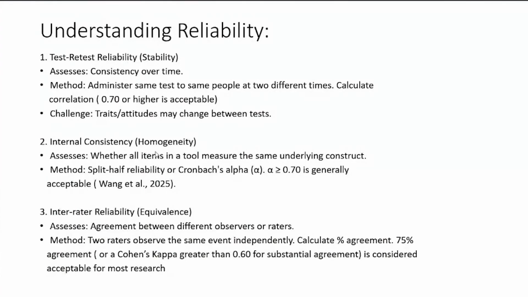Then if it's Cohen's kappa value you want to calculate, which is established statistically, you should have a value that is greater than 0.6. That is when you will say that, okay, this instrument is highly acceptable for that research.